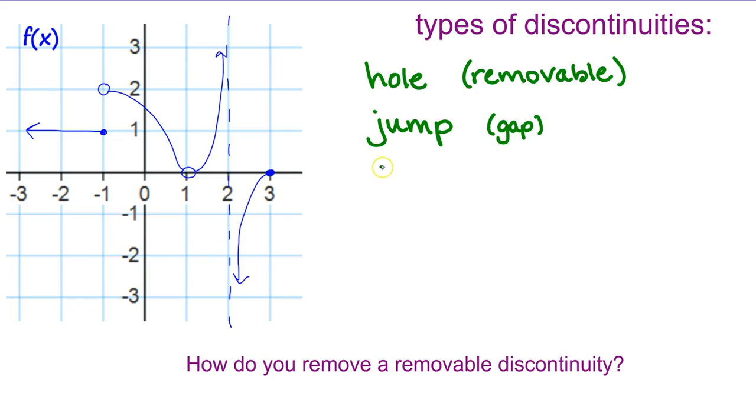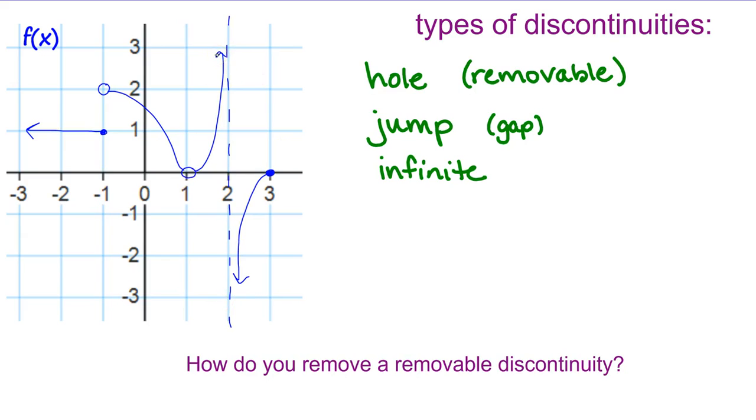And then the third kind of discontinuity is called an infinite discontinuity. Typically you're going to have a vertical asymptote there. So it's going off toward a y value of infinity or negative infinity, maybe opposite, or maybe both sides going up or both sides going down, or maybe just one side going off to infinity.